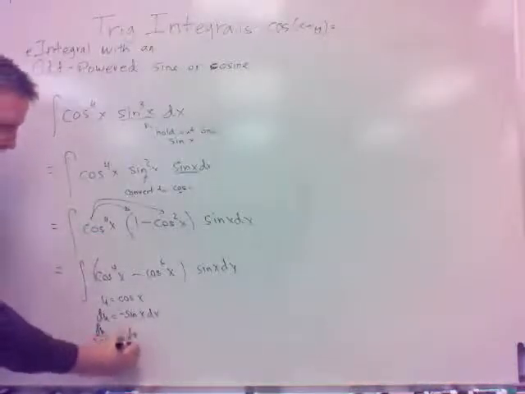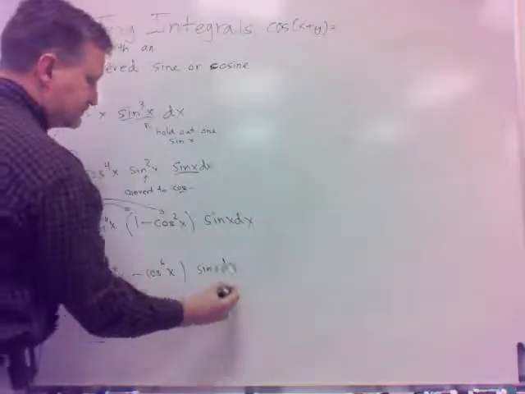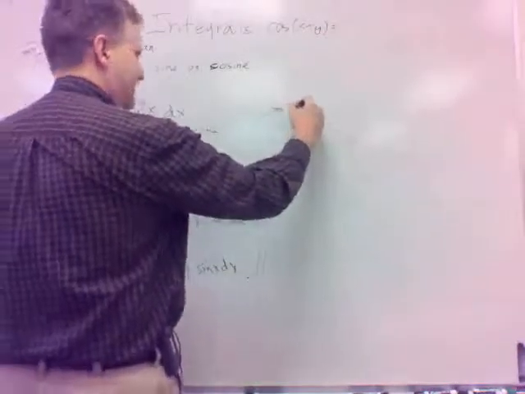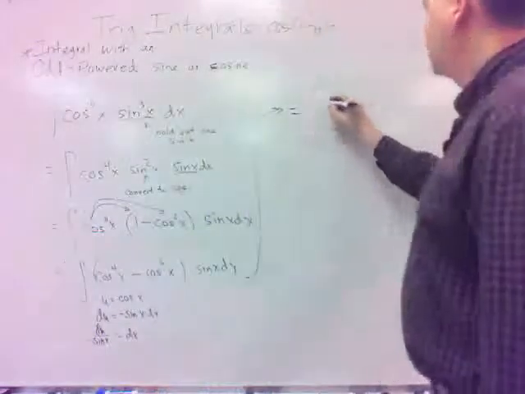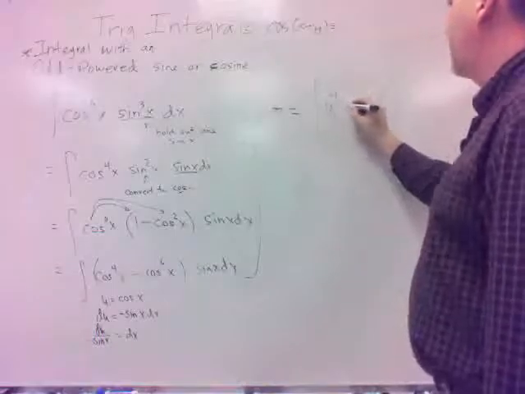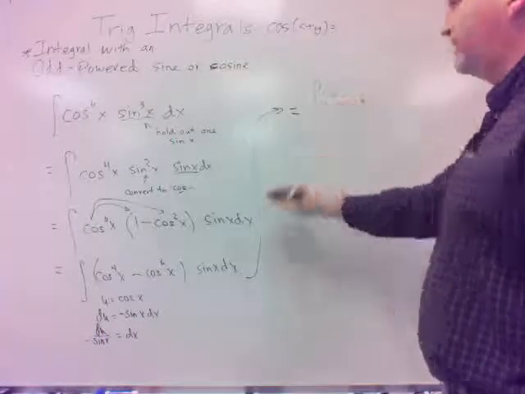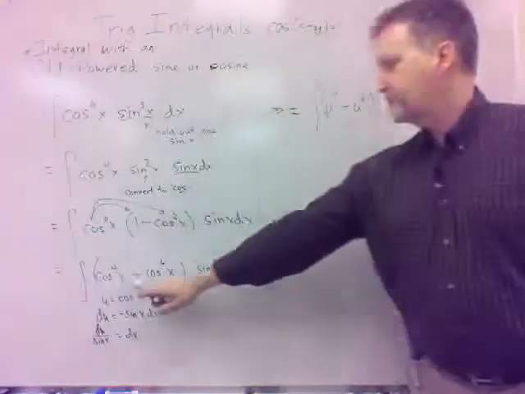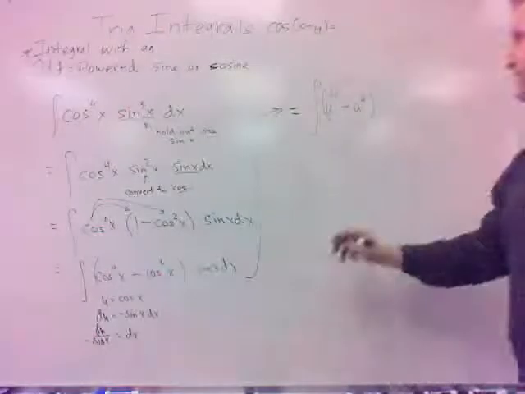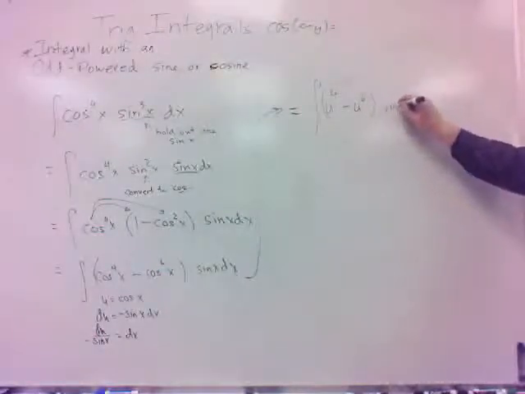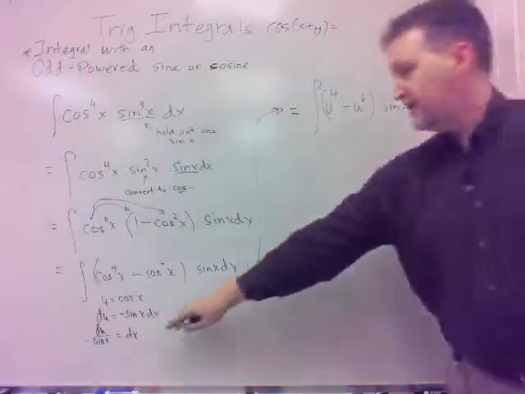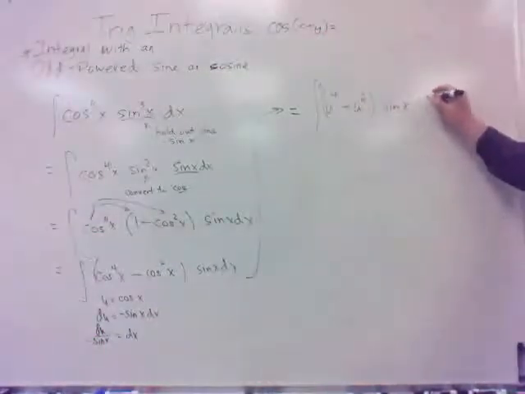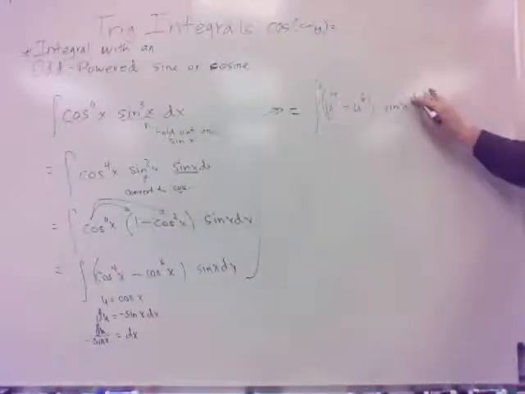Look at that, it's going to cancel out. So now I have the integral of u to the fourth minus u to the sixth, because cosine is u, then sine of x, then dx is du over minus sine of x.